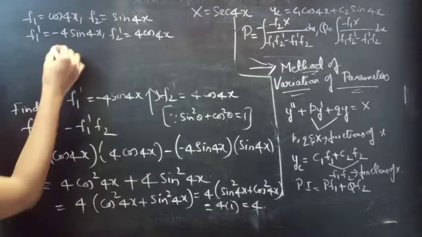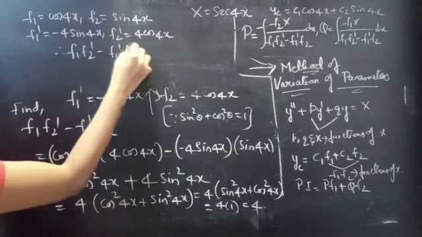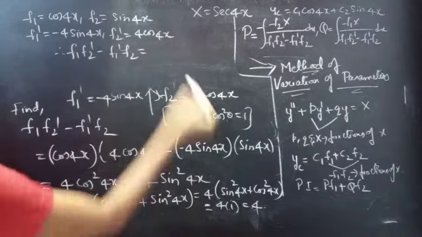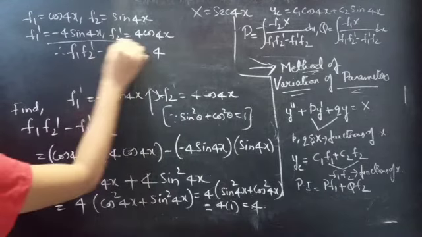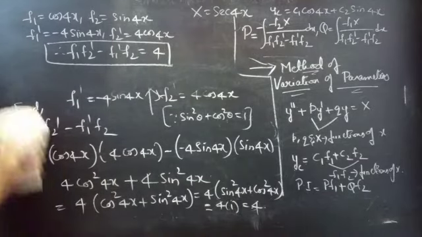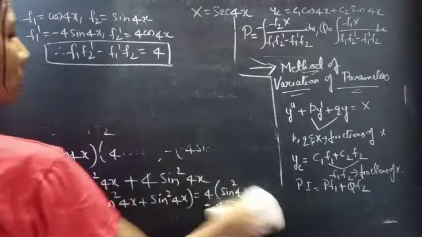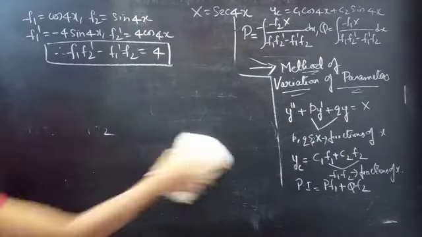Therefore f1 f2 dash minus f1 dash f2 equals 4. Now we'll find the particular integral. In order to find the particular integral, we need to find p and q. Let's find p firstly.